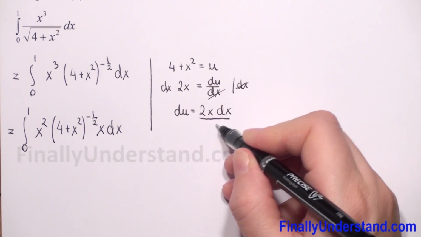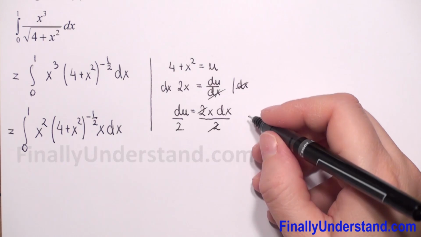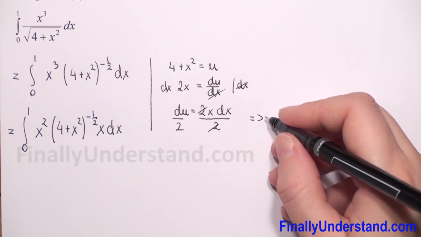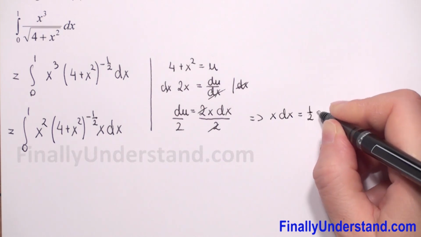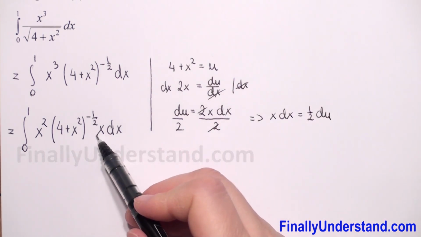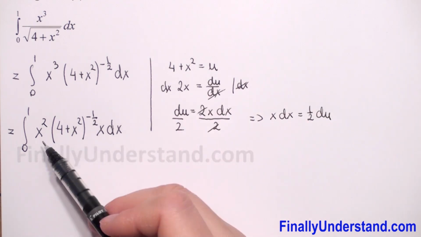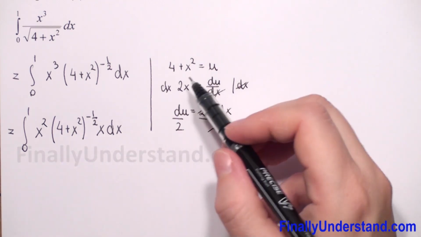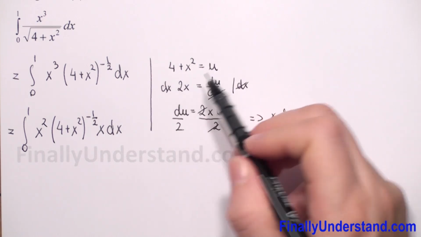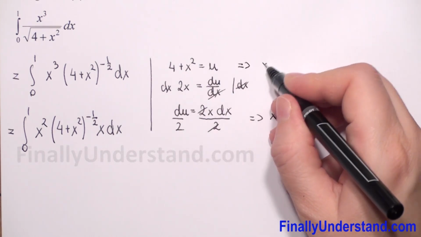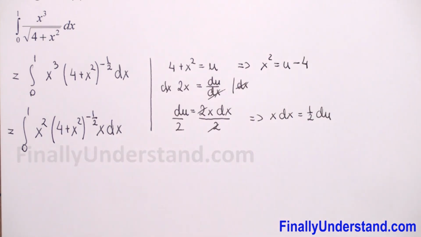Now I will divide both sides by 2. 2 and 2 we can reduce and we have that x dx is equal 1/2 du. So we have x dx, we have 4 plus x squared equals u. We need to find x squared. So x squared I will find from this equation. x squared will be equal u minus 4. Now we can substitute.